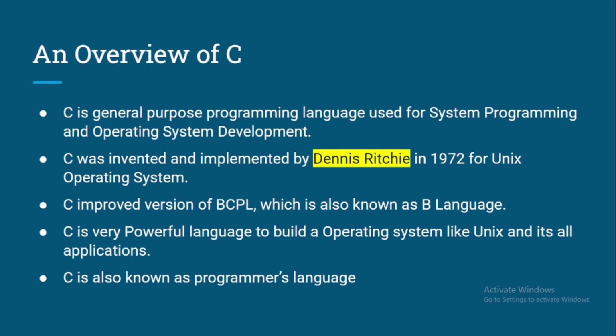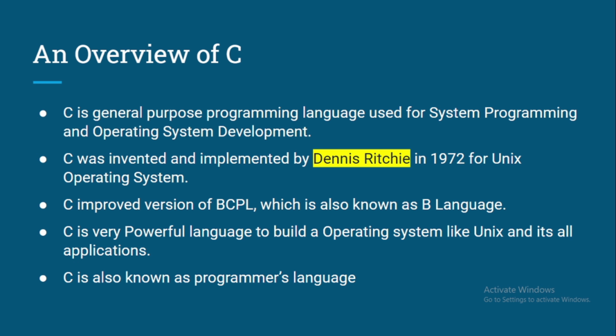And the next thing is, as we have repeated, it's a very powerful language to build operating systems like Unix, and all the applications which run on Unix are built in the C programming language. And the next point that is also important is that C is also known as the programmer's language. Why the programmer's language? Because it was the first language invented by Dennis Ritchie which gives a complete package to programmers.